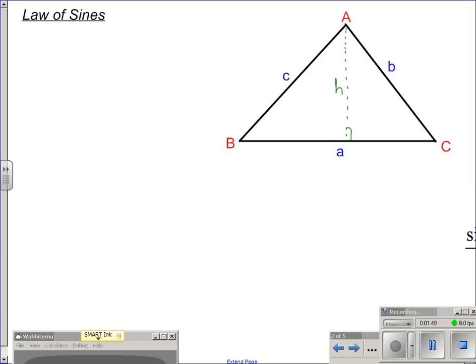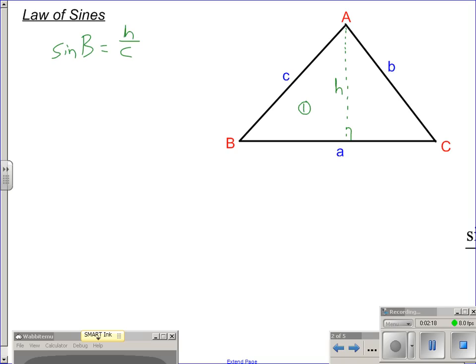Now, in right triangle 1, the one on the left, if I did the sine of angle B, because by drawing in that altitude I'm now dealing with a right triangle, the sine of angle B would be the opposite side, which is H, the altitude we just drew in, over that right triangle's hypotenuse, which would be C. I got all kinds of unknowns.